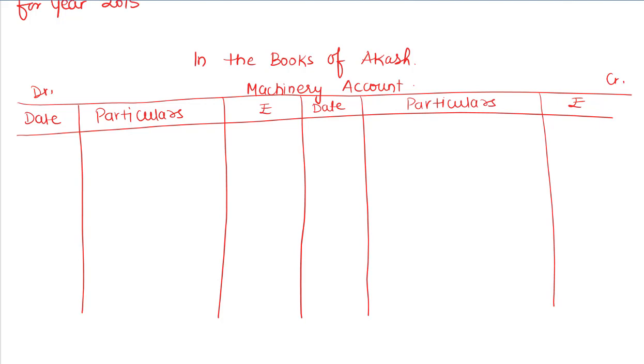Let's do it for the year 2015 first. In both the date columns, debit and credit, write 2015, January 1st, to balance brought down.